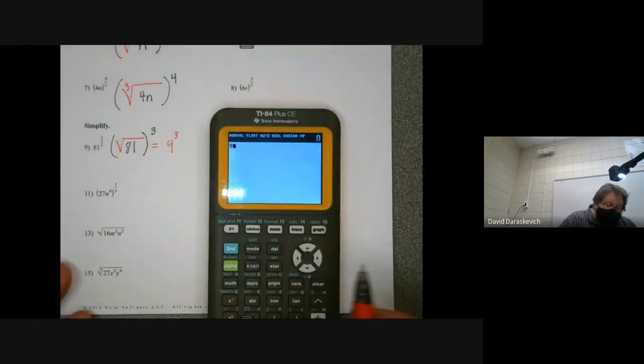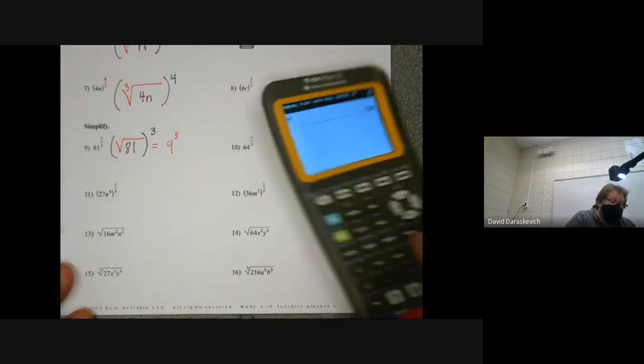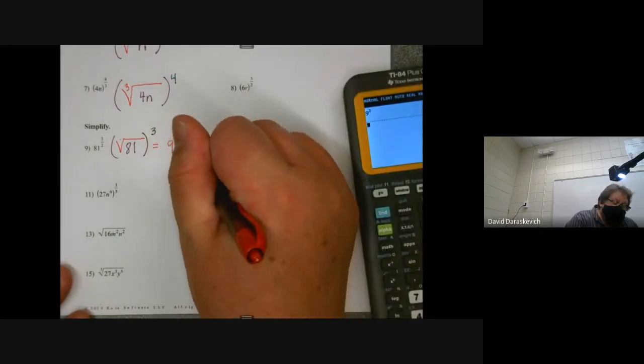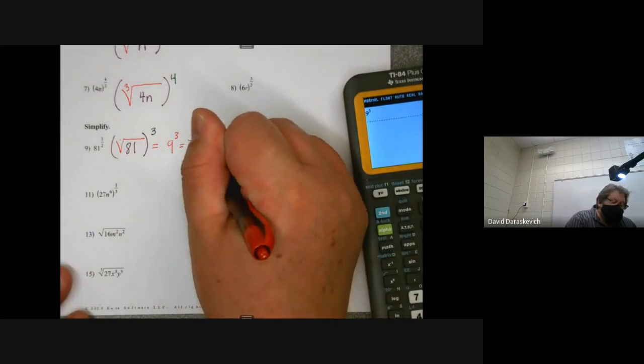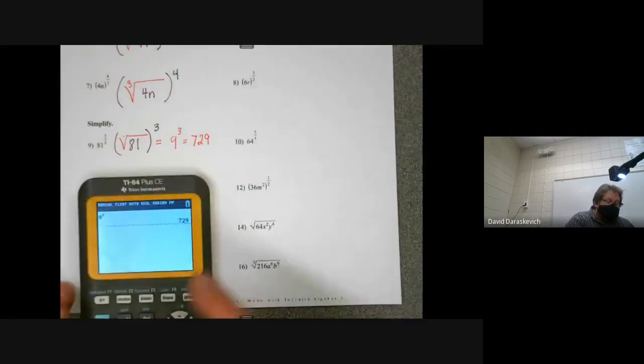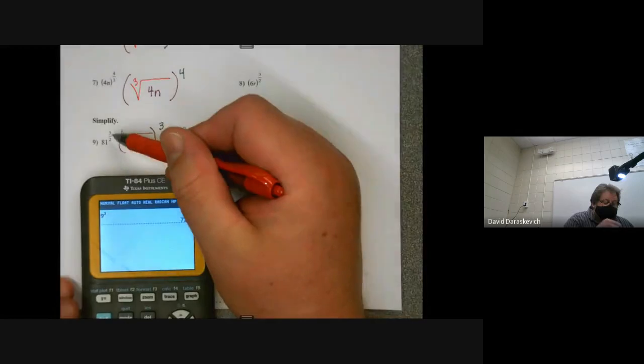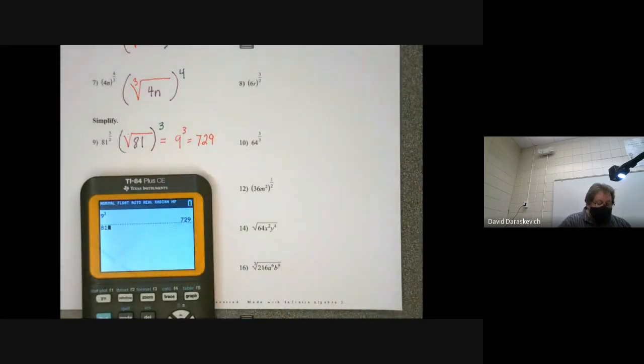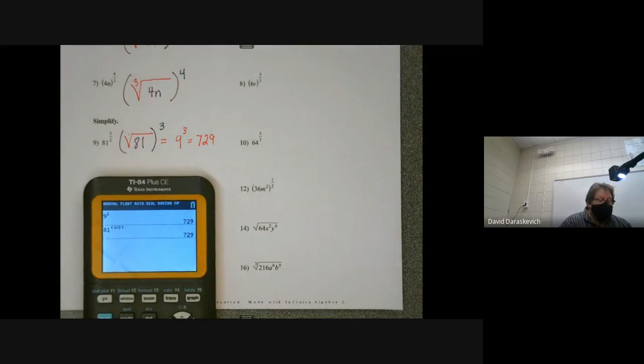Okay, so 9 cubed, 729. Now, it says not to use a calculator. So I could actually put 81 raised, and again, put fractions in parentheses, raised to the 3/2, 729. See, could have done it that way.